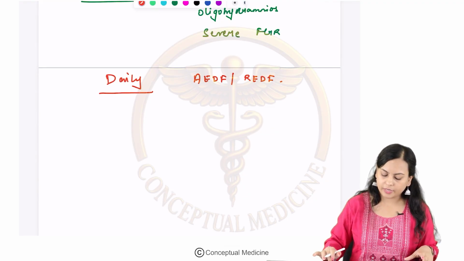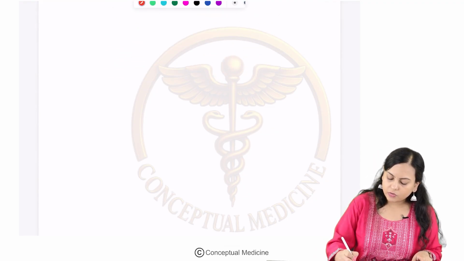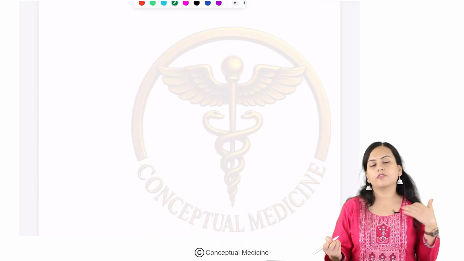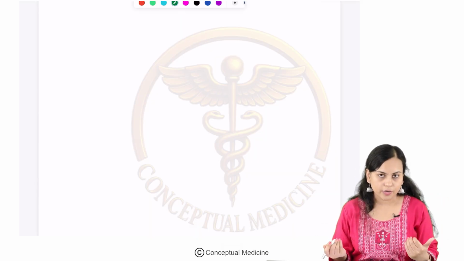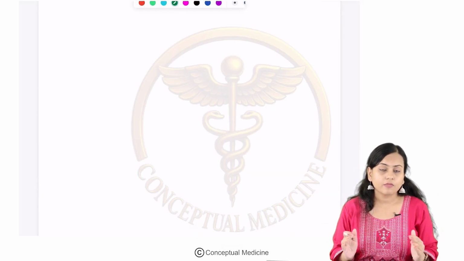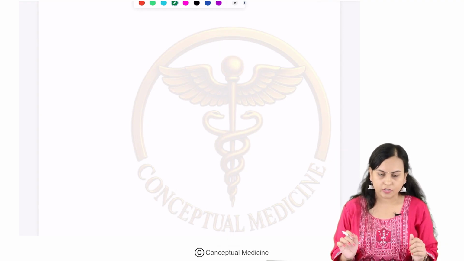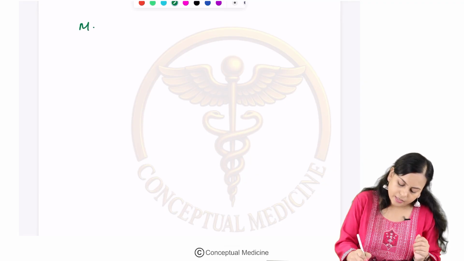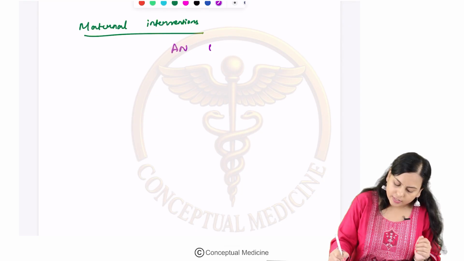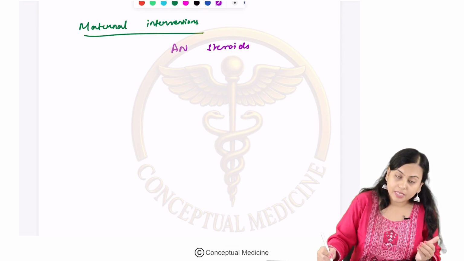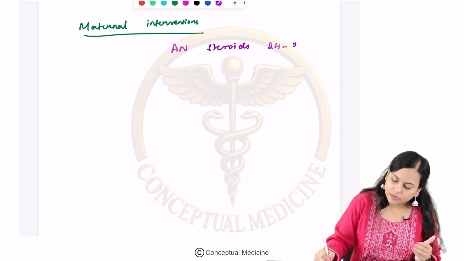Clear? Now, so we have seen how we are going to do the fetal monitoring. Then we'll see what maternal interventions we have to do for fetal growth restriction. Clear? So, maternal interventions include antenatal steroids, which can be given between 24 to 34 weeks.